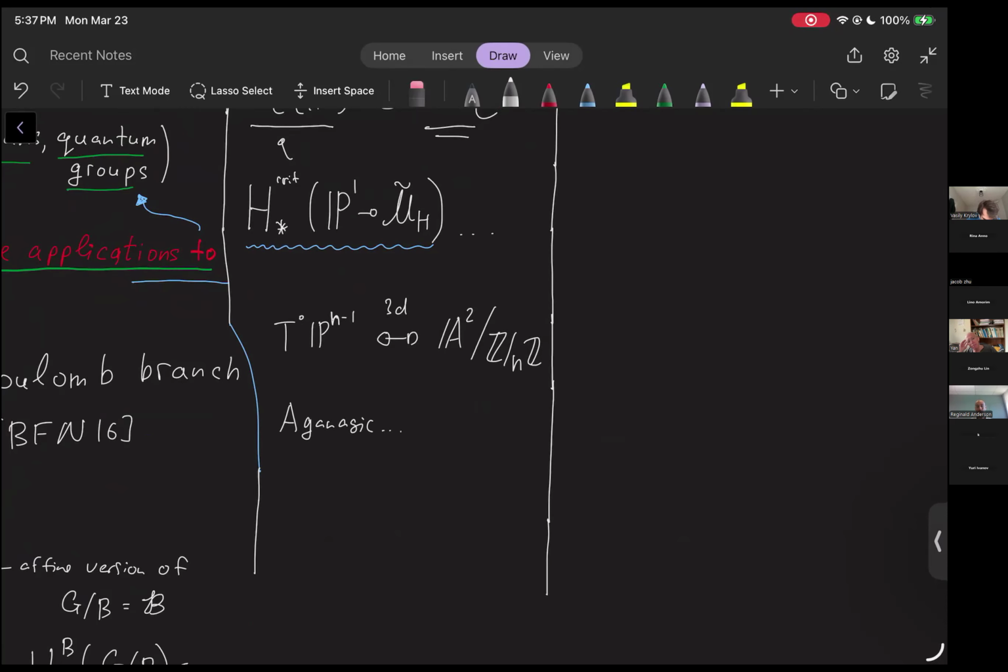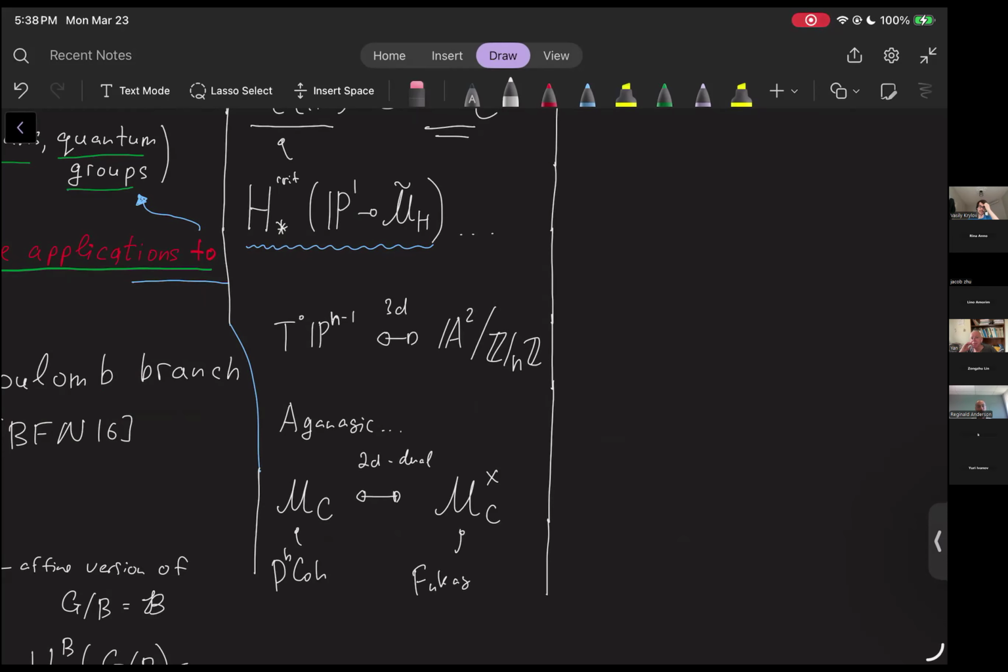Namely, they propose that the Coulomb branch M_C I was talking about and the multiplicative version M_C cross, where you replace homology by K-theory, should be 2D dual, in the sense that here you should consider some D^b Coh, and here some wrapped Fukaya type category with some potential.